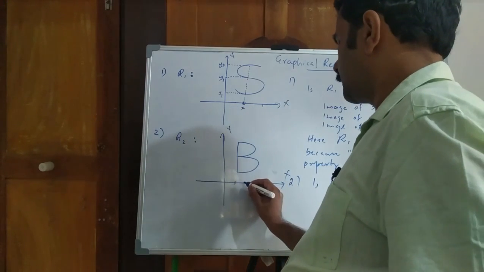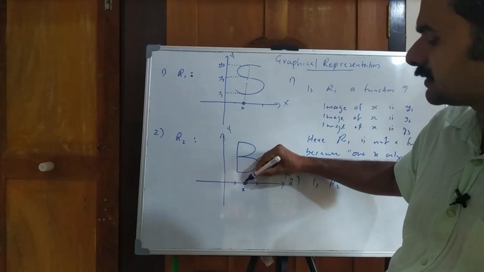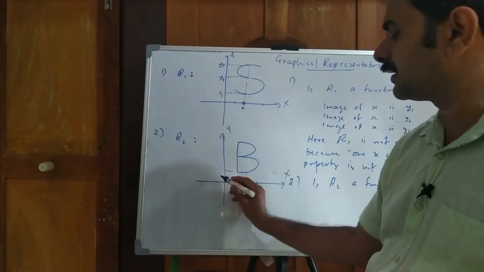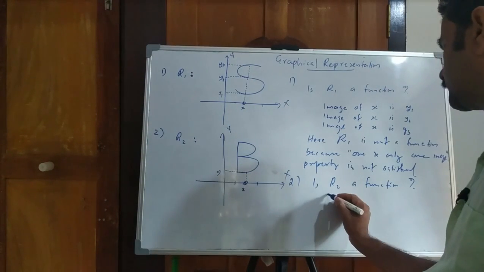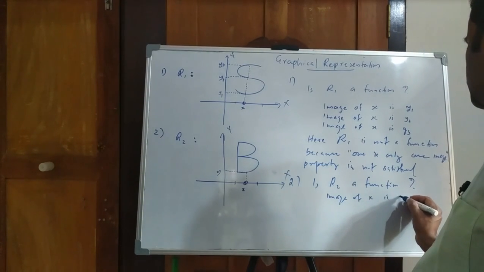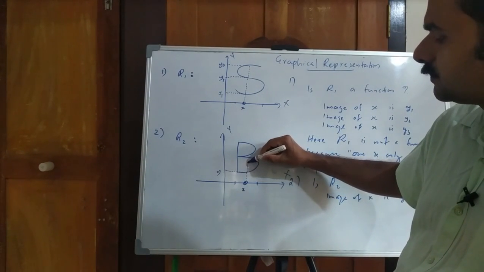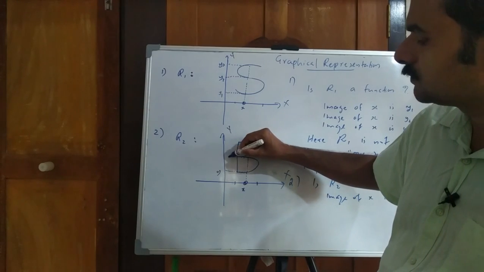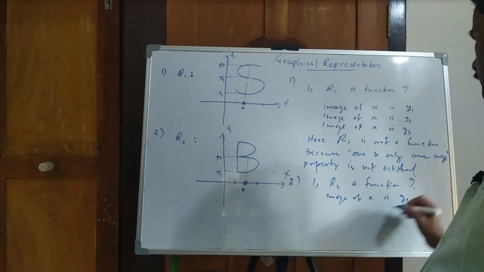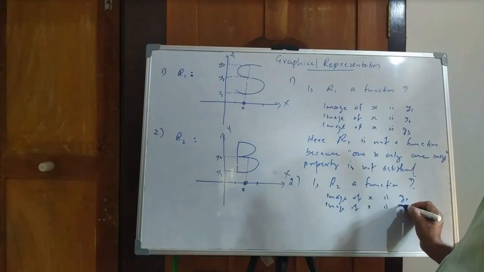When we take a point x here, how many y values are there for this x? Image of x is y here. So image of x is y. Can you see another image? Yes. It is another image. It will be y2. It is y1. Image of x is y2.